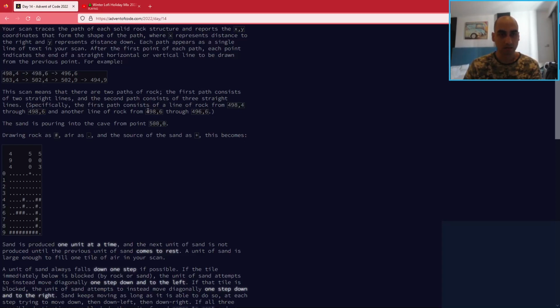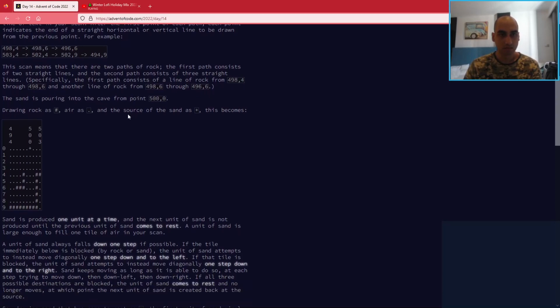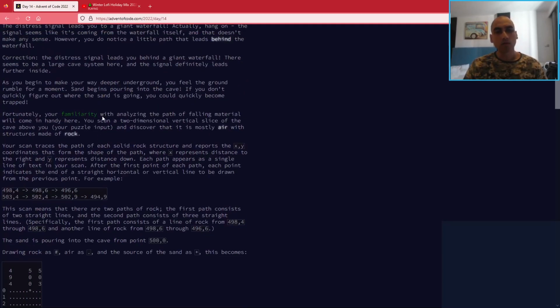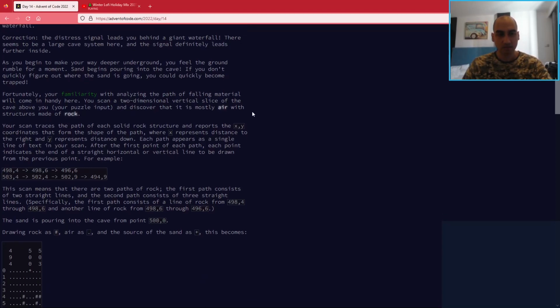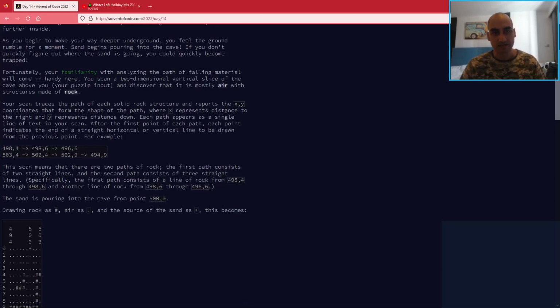And okay. A line of rock from... Oh, it's not telling us the path that they'll fall. Hang on, my chat window, I didn't open it. It's describing the layout of the rocks as a series of lines. Okay, fine.